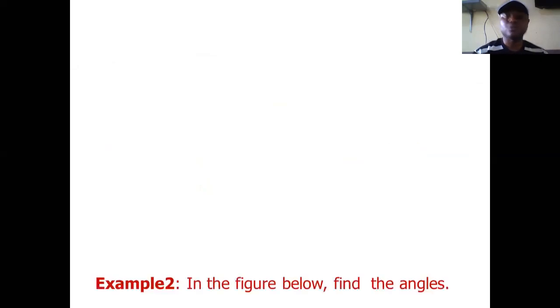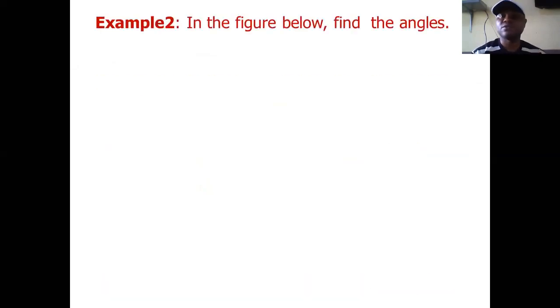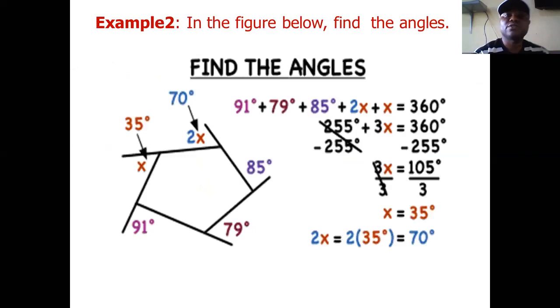Okay, now we are going to solve some problems for you to see how we apply this principle. In the figure below, find the angles. So this is actually glaring. You have to find x before you find the various angles, 2x and x. They are all exterior angles.